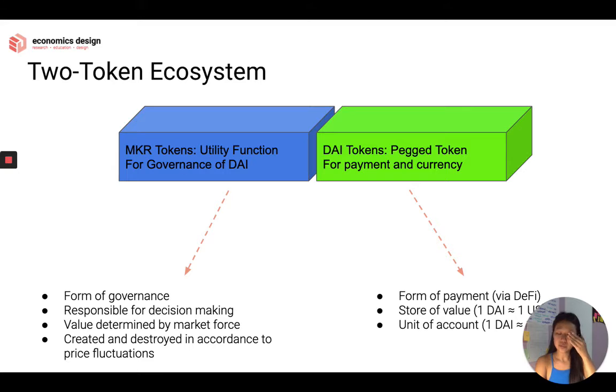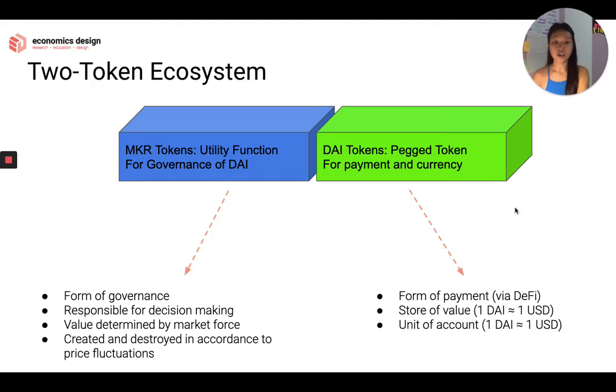So going back to the two-token ecosystem, you've got MKR tokens and DAI tokens. MKR tokens are governance tokens, and they are responsible for decision making. The value is determined by market forces, because with utility tokens, usually the prices are determined by market forces, and it's created or destroyed in accordance to price fluctuation.